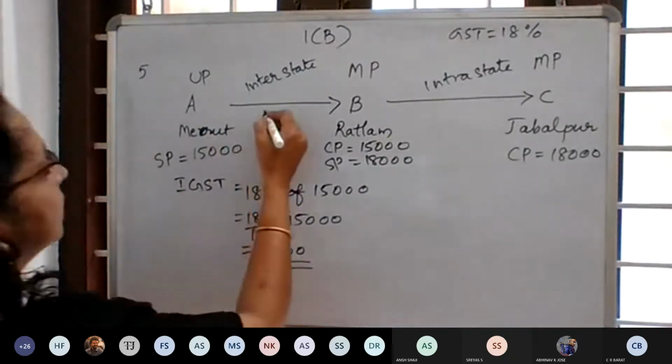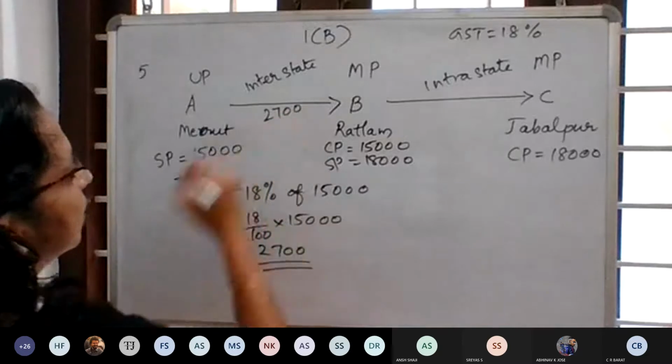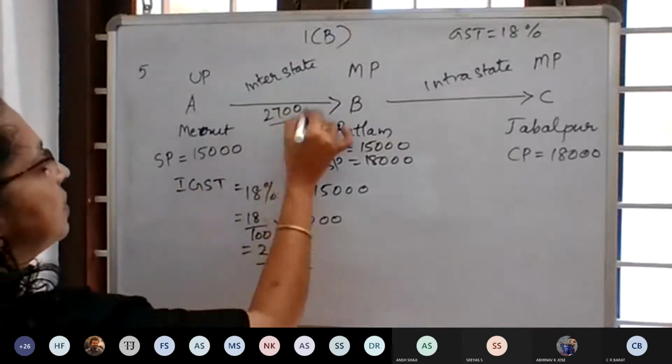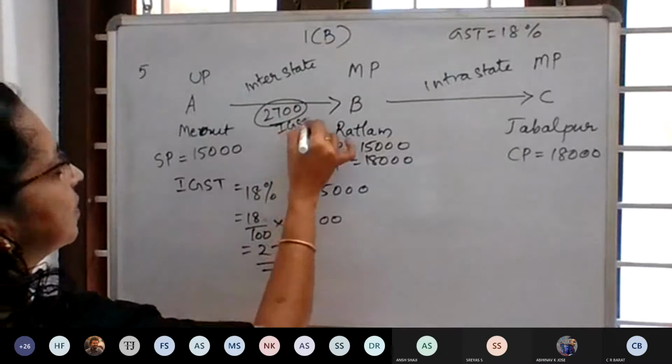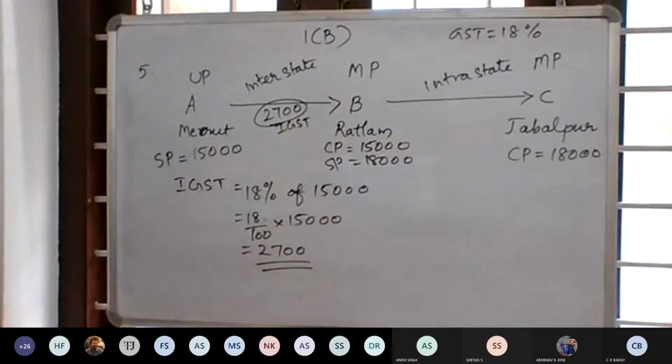So here we got the GST as 2,700. Here GST is IGST, 2,700. Next, what do we want to find out?